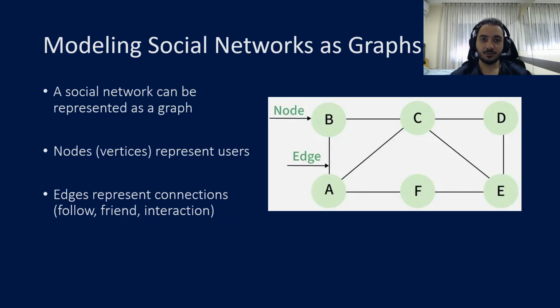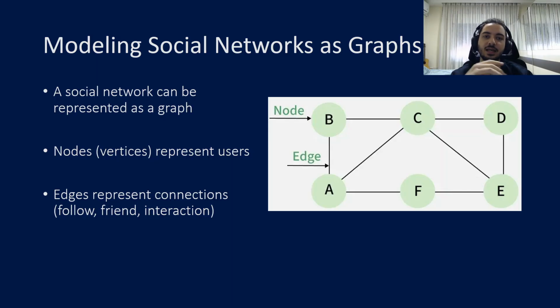To solve this problem, we use graph theory. Graph theory allows us to represent complex systems as simple mathematical structures. In the case of social networks, we represent each user as a node, also known as a vertex, and each connection between these users as an edge.